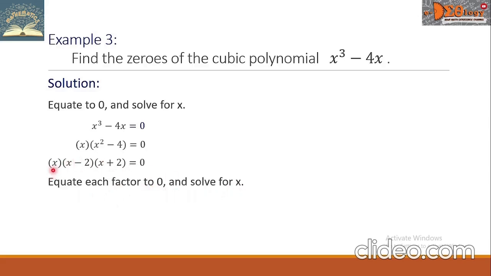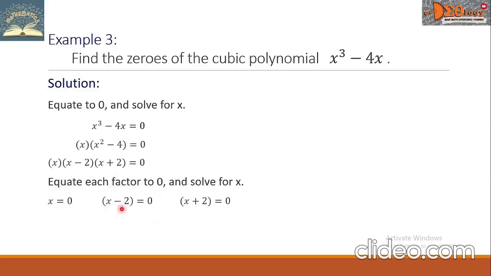The first factor, x equals 0. Second factor, x minus 2 equals 0. Third factor, x plus 2 equals 0. The first value of x is already 0. For the second value, we look at the second equation. We solve for x.